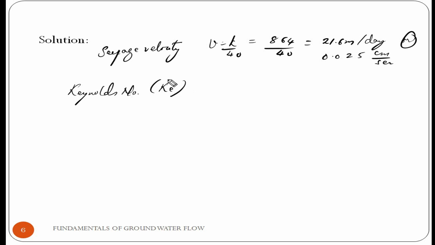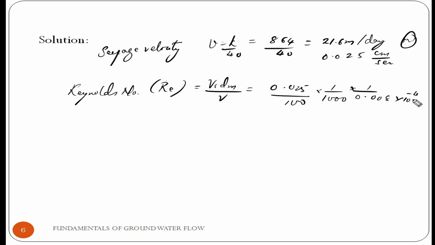It is indicated by Re. The formula is, just now we have calculated seepage velocity Vs 0.025 divided by 100 into the average grain size of 1 mm, which can be written as 1 divided by 1000 into 1 divided by 0.008 into 10 to the power of -4.